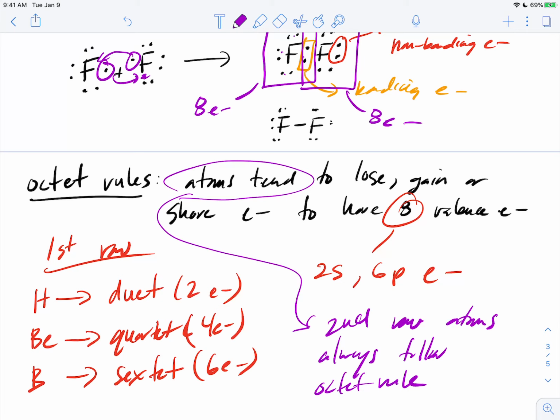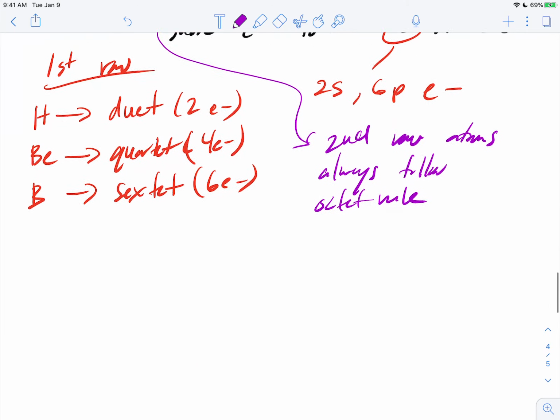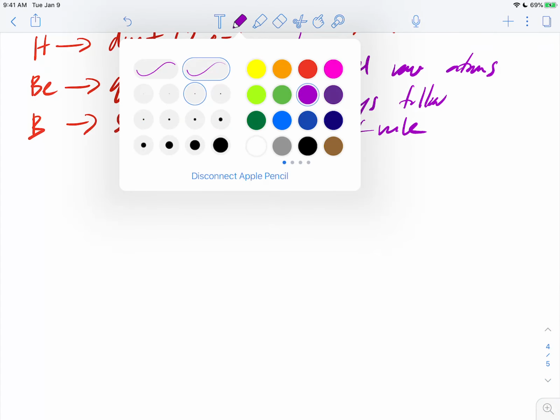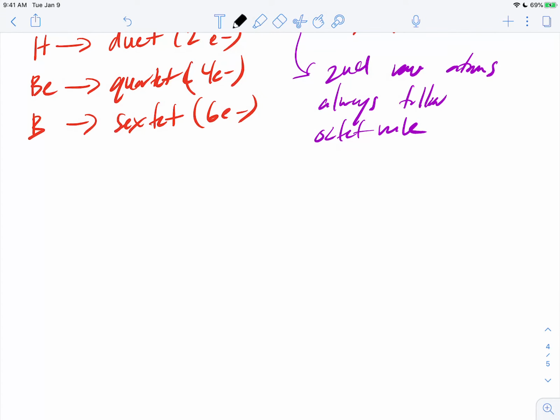Okay, so it's also important to note the caveats of the Lewis structure. We've already drawn 2 fluorine atoms, we can draw these bonding electrons that are in the center, and we're going to put them right in the middle because this is a non-polar covalent bond.